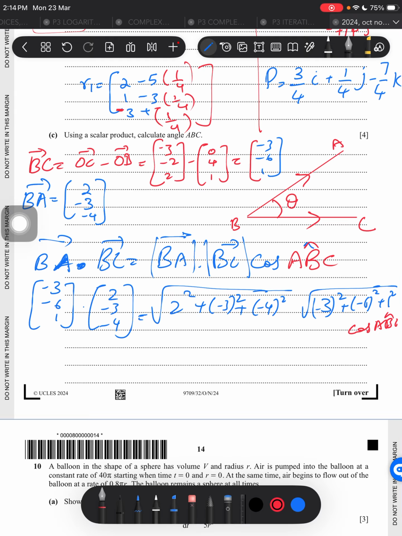So I'll just write simply that this would give us minus 6 plus 18 minus 4, and this would give us 8 equals root 29 times root 46 cos of angle ABC.